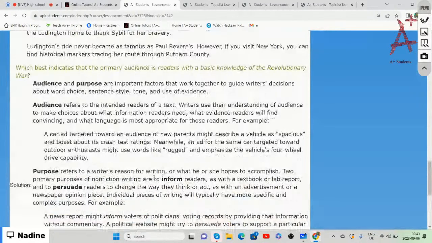They're important factors that work together to guide the writer's decisions about word choices. If they are writing an article for kids, the tone of writing will be totally different. The type of language or sentence styles will be different. Sometimes even the font sizes will be different because you need to attract the reader's attention.